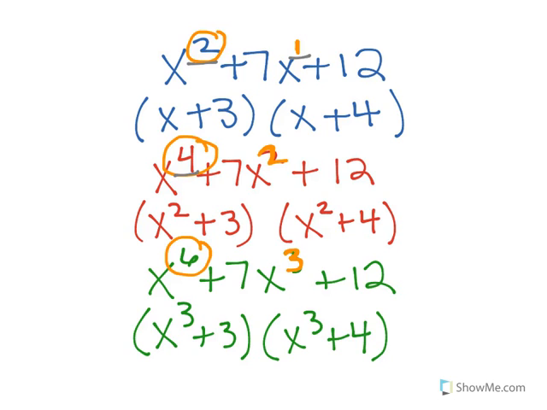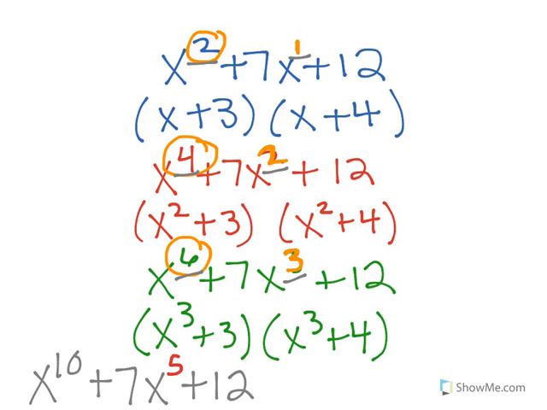This is 4, half of 4 is 2. This is 6, half of 6 is 3. So I could have even had x to the 10th plus 7x to the what? What would that have to be for us to factor the same way? 5. It has to be half. So that is a stipulation for this type of factoring, but again, it doesn't have to be a quadratic or a quartic. It could be any of these values for the degree.